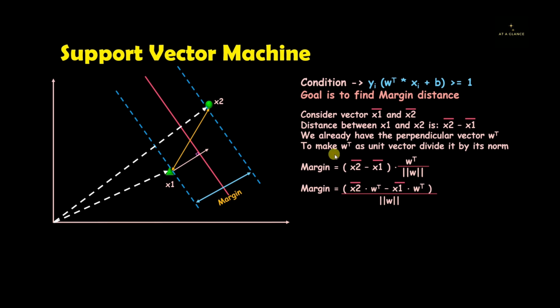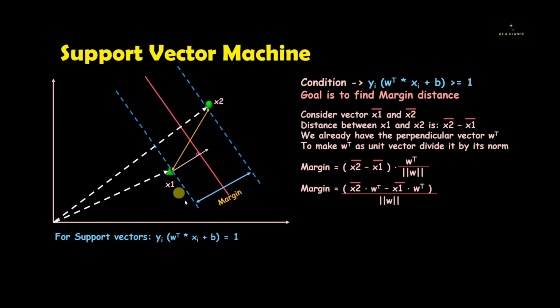So for this we'll have to think a bit differently. If you remember, we have the condition for the data points as yi multiplied by the expression W transpose multiplied by x of i plus b will always be greater than or equal to 1. But for support vectors, this condition will boil down to equal to 1.